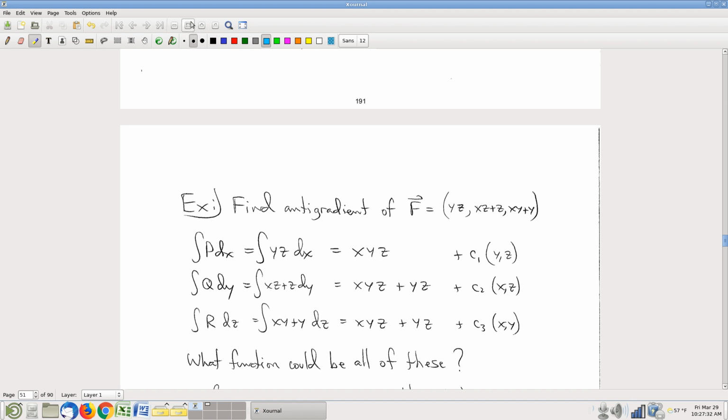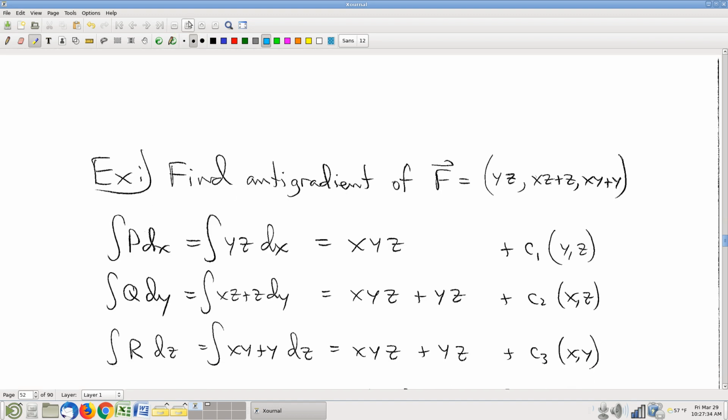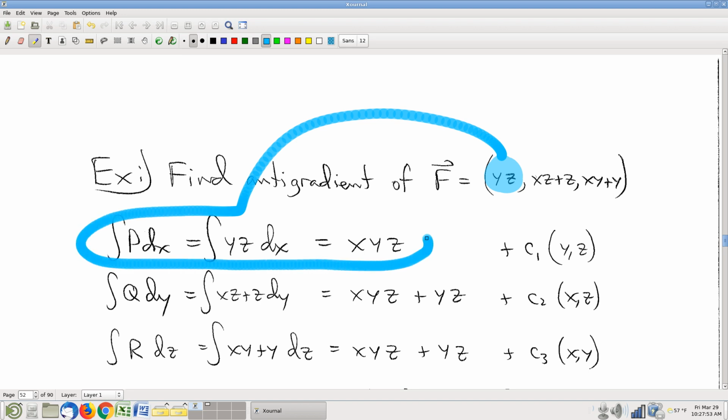Let me zoom in. Okay, so let's find the antigradient of this vector field. Again, fingers crossed, we hope this antigradient exists. How am I going to find the antigradient? Well, this is our P. That P needs to be the x partial of our function, and therefore the function f we're looking for is the x antipartial of it.